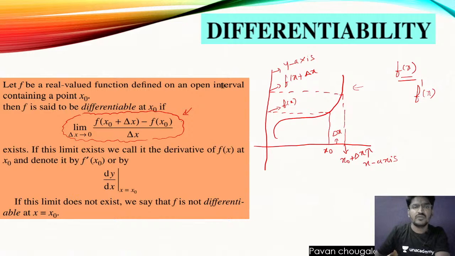Whenever you calculate this limit, that is, the limit as delta x tends to 0 of f of x0 plus delta x minus f of x0 divided by delta x, you are calculating the slope of the tangent at the point x0.